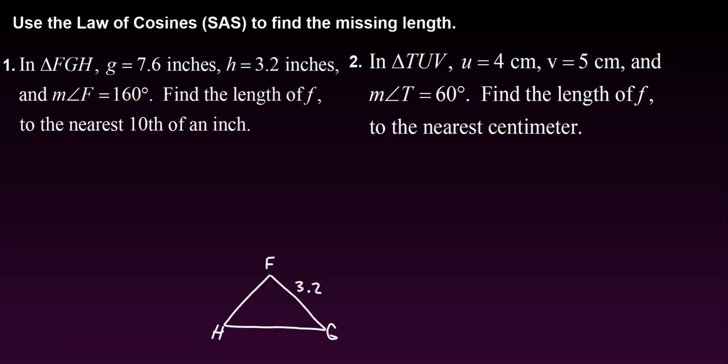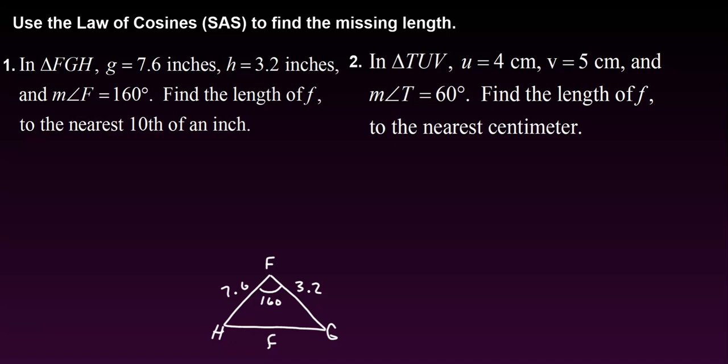They gave us G, which is 7.6. They gave us the angle of 160, and we're looking for F, which is across from it. We have to have side, angle, side in order to go forward with the law of cosines.